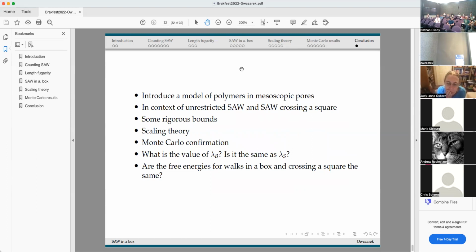We've got some rigorous bounds, some scaling theory, and some Monte Carlo confirmation of those. I suppose the only part this talk doesn't have is some exact results, but Nick and I are working on a slightly different problem with some exact results for walks inside a square as well.